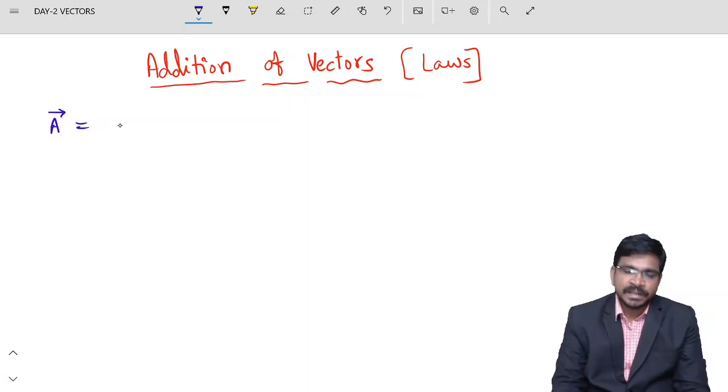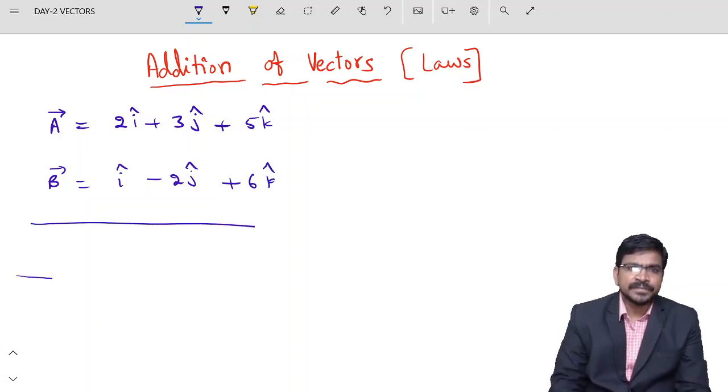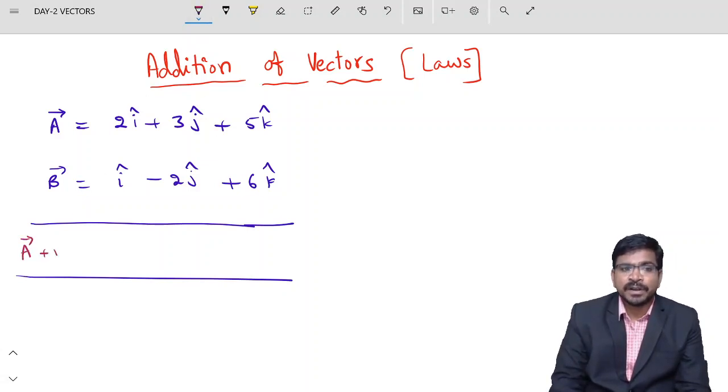If A is given as 2i cap + 3j cap + 5k cap, and B is given as i cap - 2j cap + 6k cap, and I want to add them, simply you can add algebraically, in the sense of your usual algebra method, A + B.